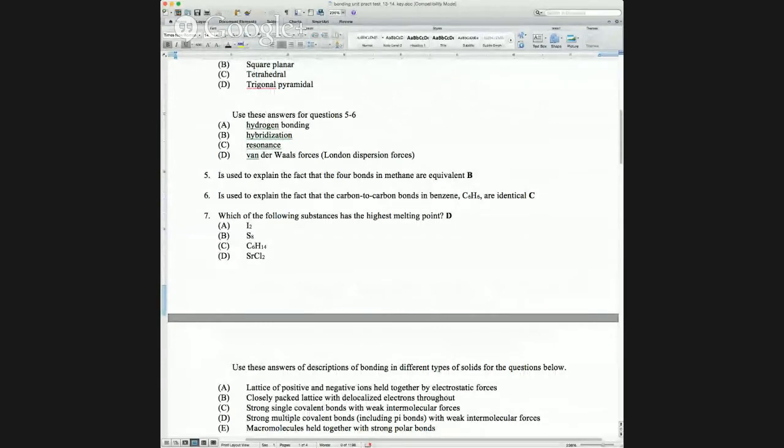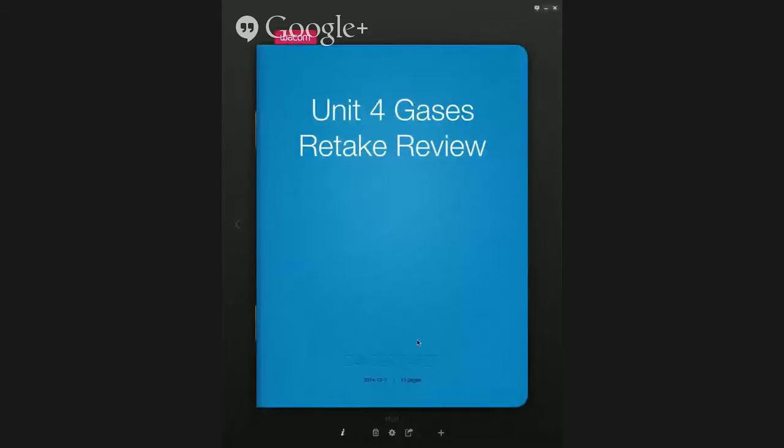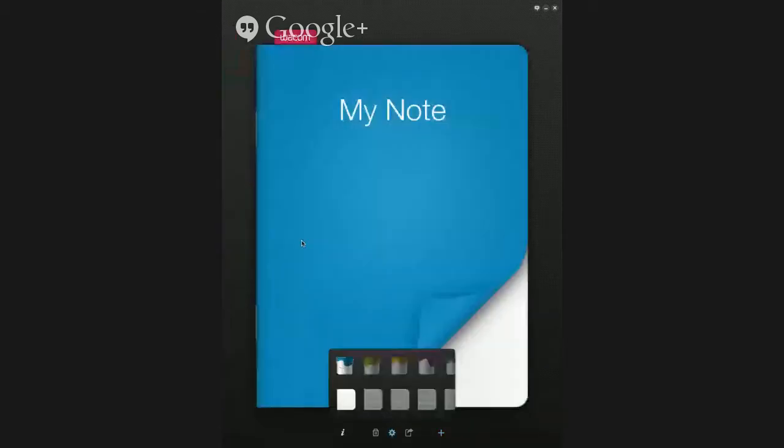So the thing about C6H6 is if you try to draw that out, which I'm going to do. Okay, actually we need a new one. This is from the last test.